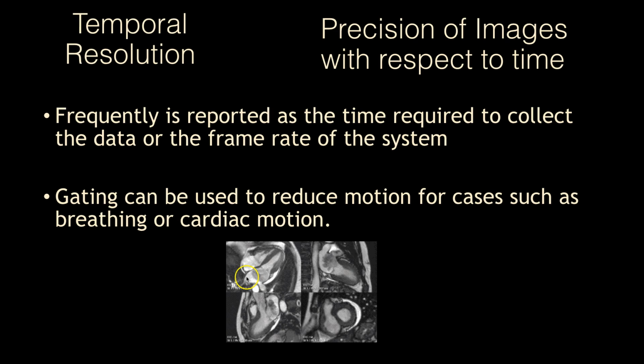The most basic method is to try and reduce cardiac or breathing motion by using an external signal in order to only acquire data in a certain region. So, for instance, when the heart's in a certain portion of the cardiac cycle, we would only acquire the data in that portion or only make an image of the data in that portion.